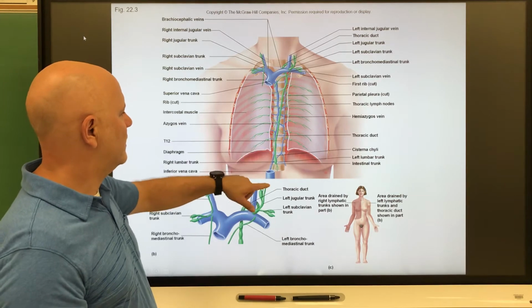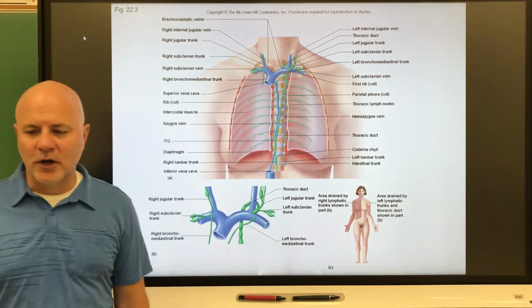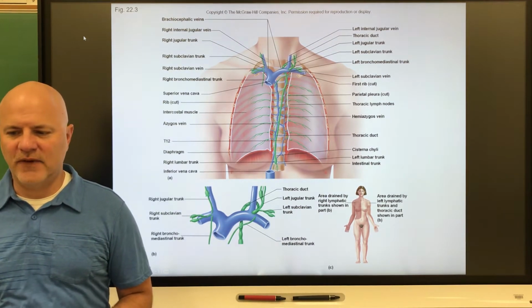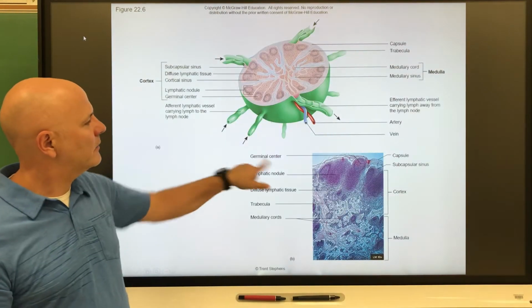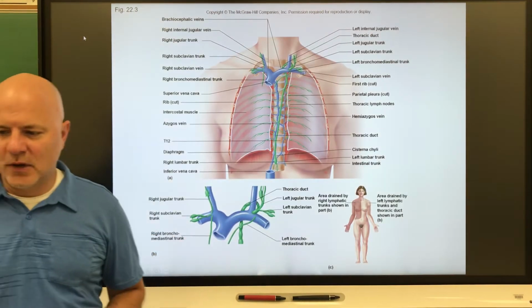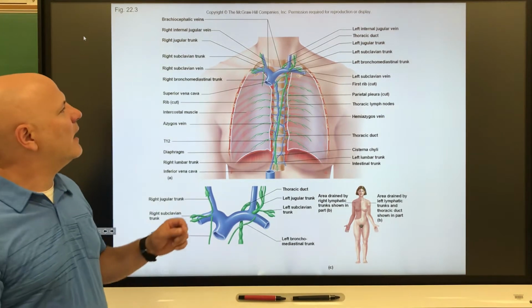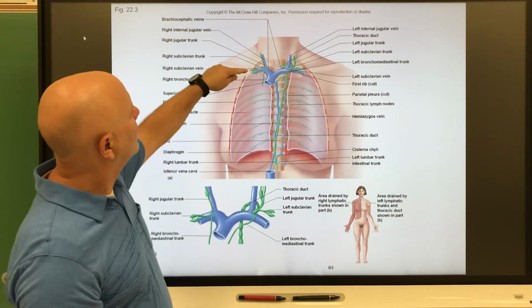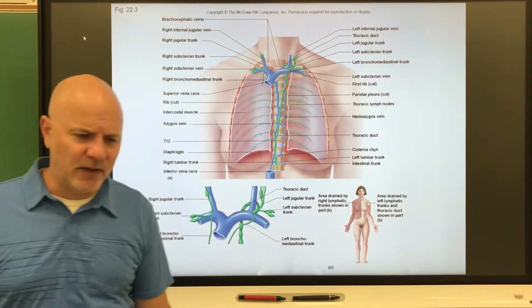That's a duct, that's a larger one, but our largest ones are collecting ducts. These are the two largest lymphatic vessels. We have the thoracic duct, which is what this one is here, and this empties into the left subclavian vein. And then we have the right lymphatic duct, which is over here, and that empties into the right subclavian vein.